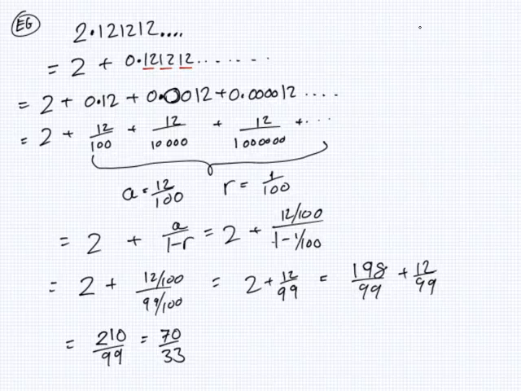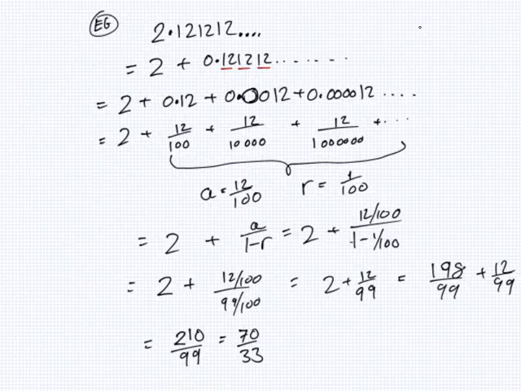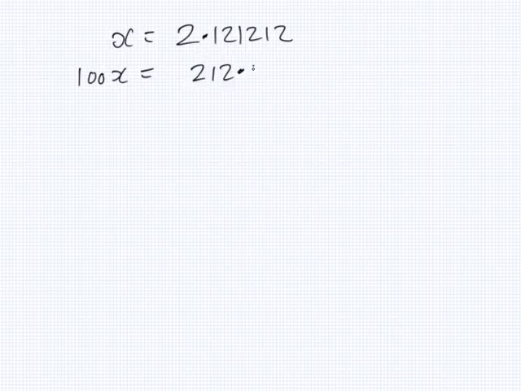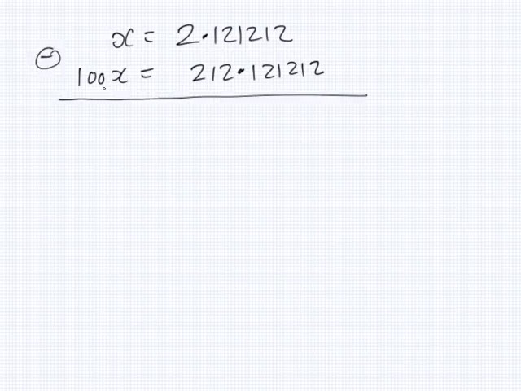Can I continue? Right. There is another way to do this which is worth seeing. If I scroll to the left. The other way to do it is you say x equals 2.121212, and then you multiply both sides by 100. So then you get 100x equals 212.121212. Then you subtract.